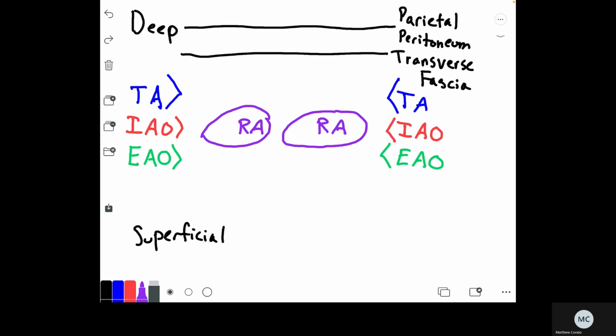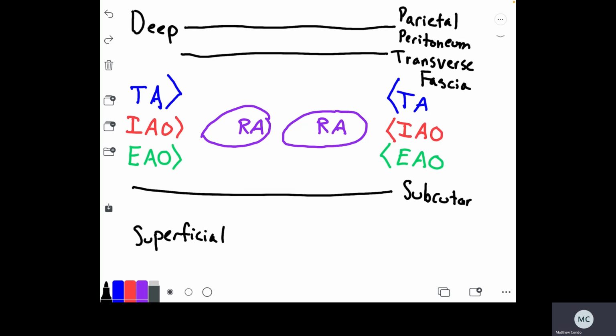Let's complete the picture before we do anything else. Moving more superficial, we're going to have a layer of subcutaneous tissue, and then most superficially, obviously, our skin.